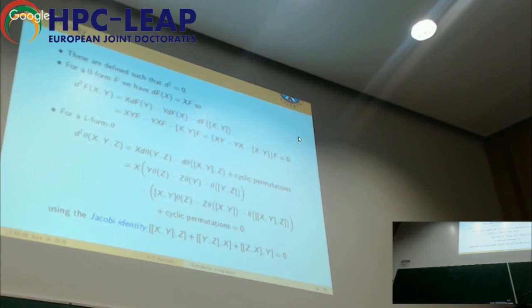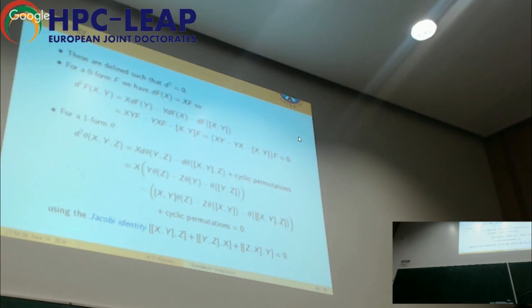And now that quantity, well, you can see that if I expand this out, I get 0 because of the Jacobi identity, which shows that the cyclic permutation of these nested commutators is equal to 0. Now, the Jacobi identity for commutators is a trivial identity.